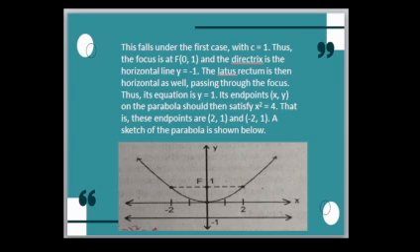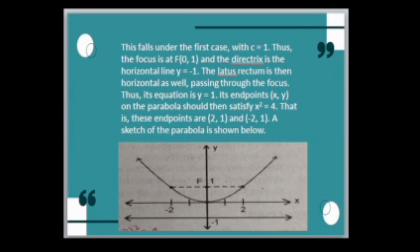So our endpoints are two ordered pairs: (2, 1) and (-2, 1).